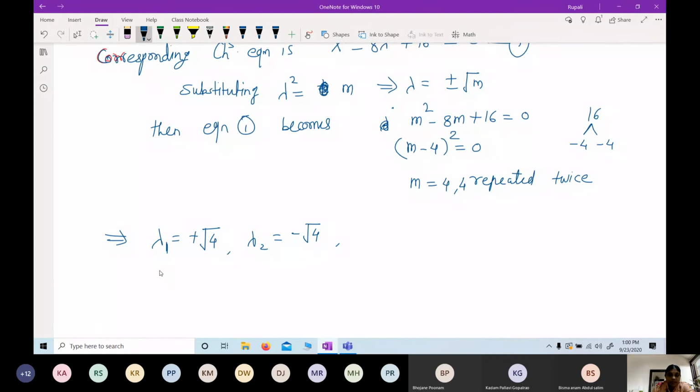So lambda 1 is equal to 2, lambda 2 is equal to minus 2, then lambda 3 is again 2, repeated twice, and lambda 4 is also minus 2. Is it?